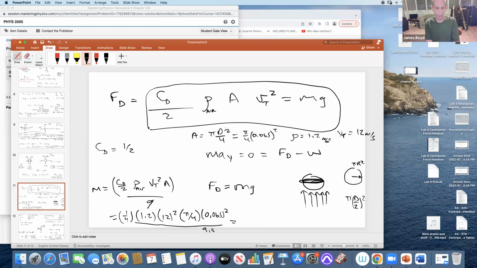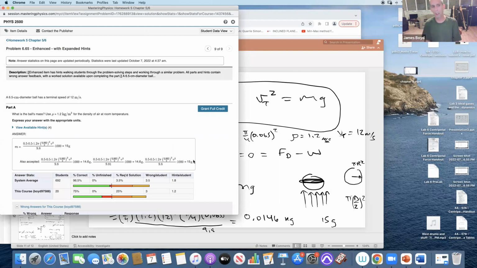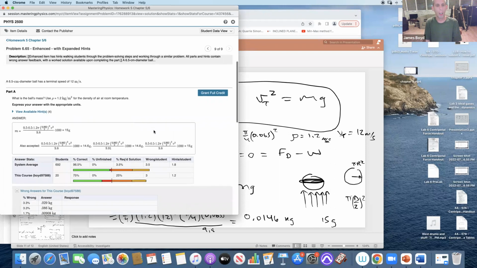So what we get is 0.25 times 1.2 times 12 times 12 times pi divided by 4 times 0.065 times 0.065, and then divide that by 9.8, and I get 0.0146 kilograms, but in grams, that's 15 grams, which is what they took here.